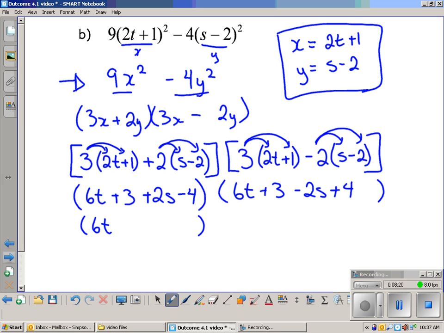I have 6t. I have plus 2s. And then I have positive 3 take away 4, which is negative 1. My second set of brackets, 6t minus 2s. Now I have plus 3 plus 4, which is plus 7.